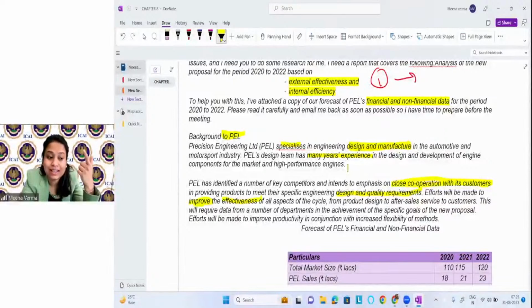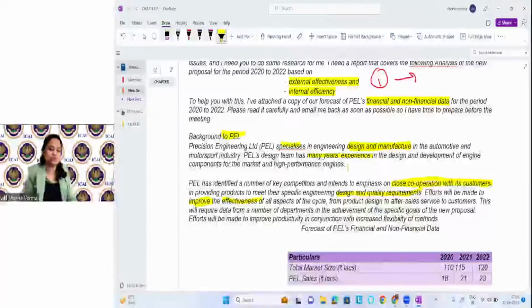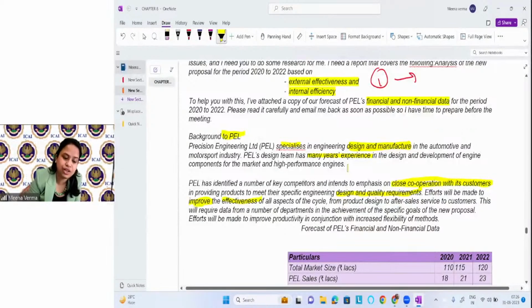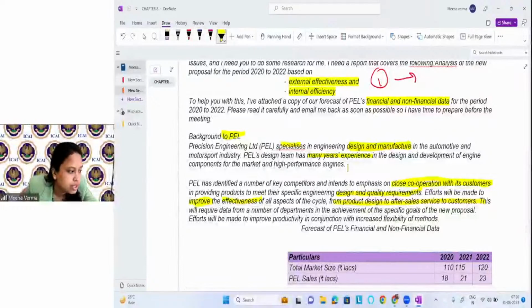Of all aspects of the cycle, from the product design to after-sale services to the customer, they want to improve everything here.